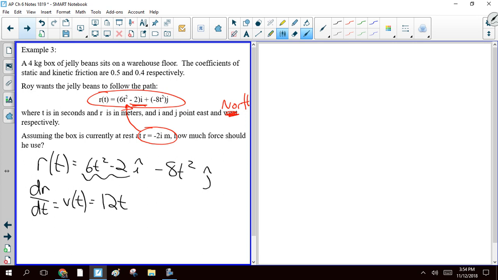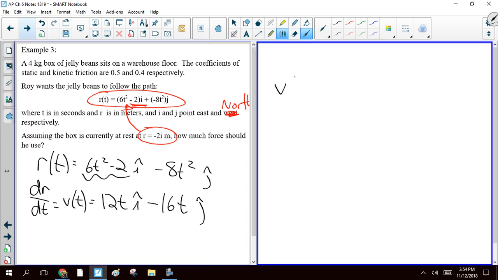So my velocity in the x direction is 12t, and minus 16t in the j direction. Notice the velocity depends on the time, but it's going to be kind of proportional. At any given time t, my velocity is going to be 12t horizontally.